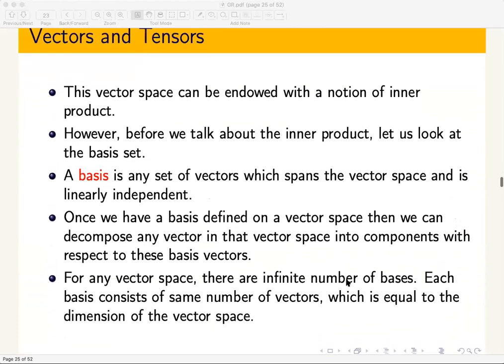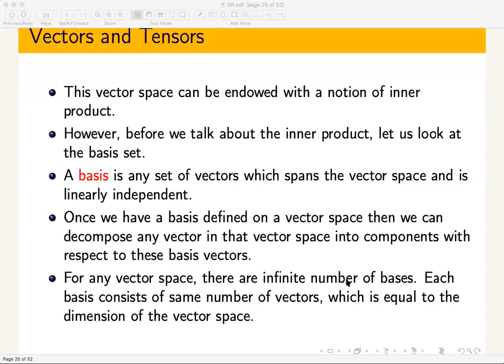Now for this vector space, we'll have to give a notion of inner product, and we can do that. But before we do that, let's first define basis vectors. This is something I was saying some time ago, that even if you have an infinite number of vectors defined at a particular point, they can be described in terms of a finite number of basis vectors.